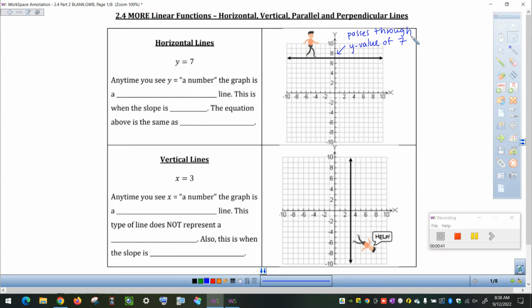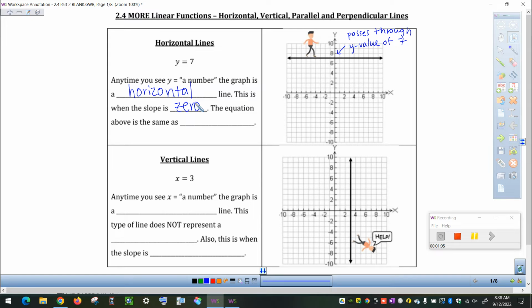Anytime you have y equals a number, notice how there's no x shown at all. It's just y equals 7. The graph is going to be a horizontal line. Another thing about this scenario is that this is when the slope is equal to 0.